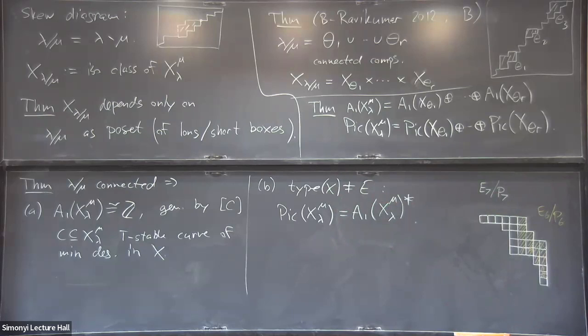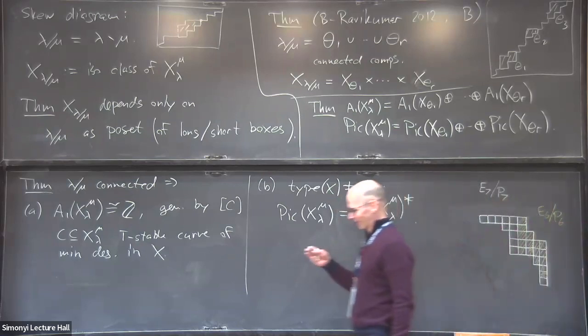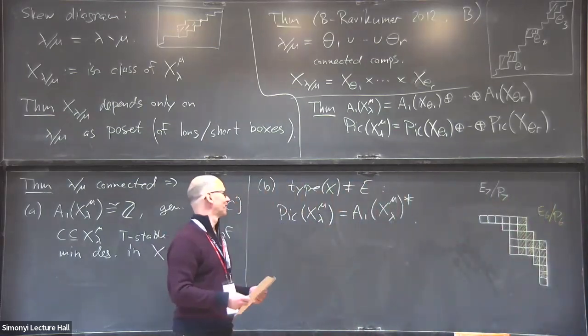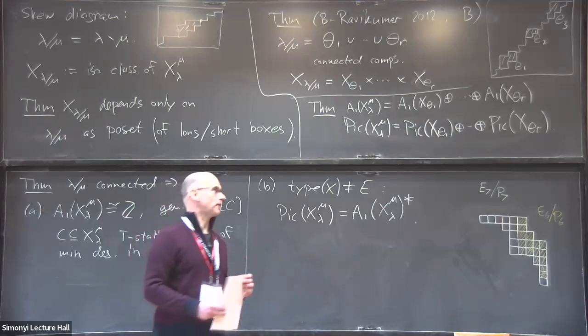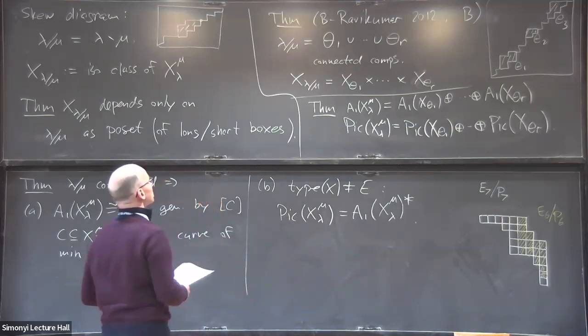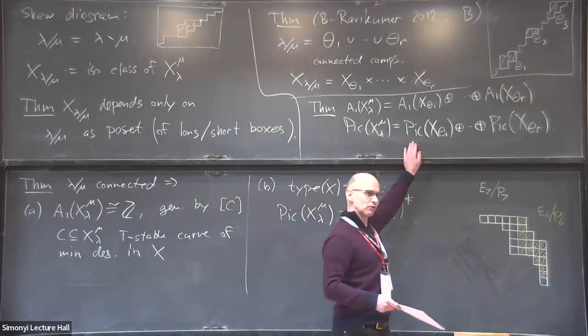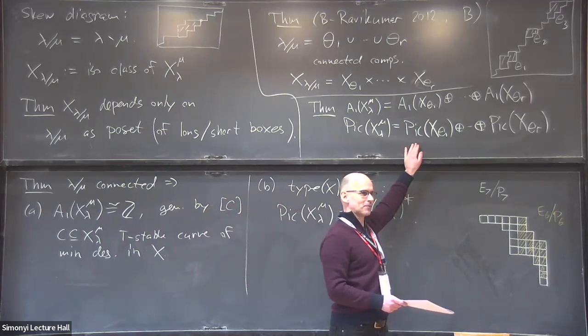What is the situation in type E? Well, I get to that a little later. Sam tells me that if you tensor with Q, then everything should be fine, possibly in characteristic 0. Okay. But in type E, this result here is actually true. And why is that?